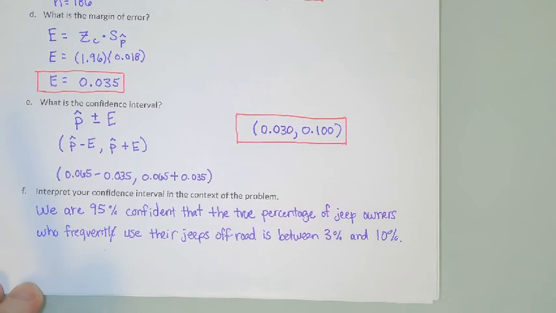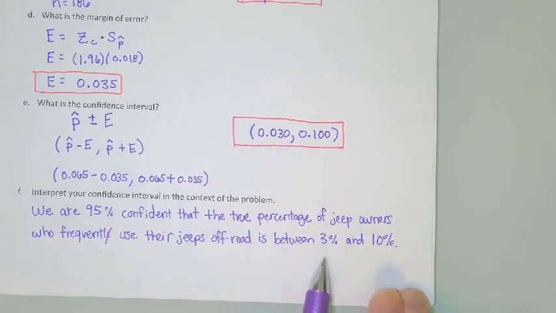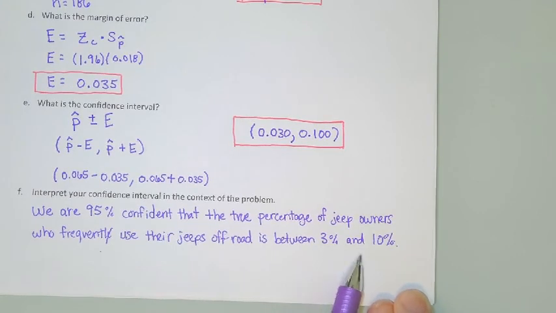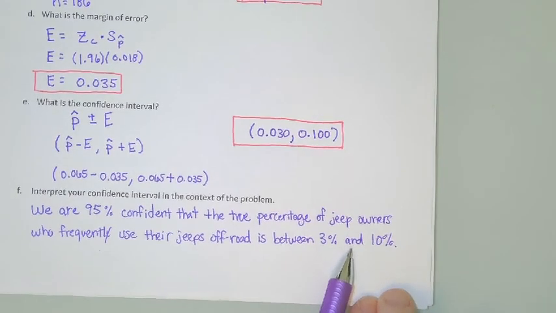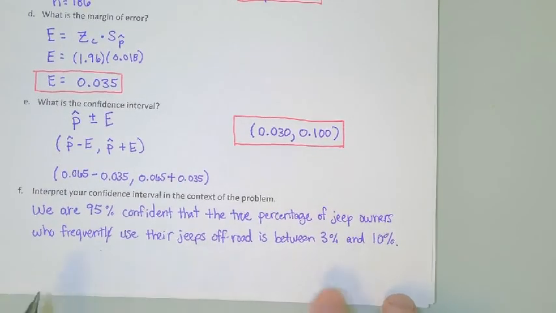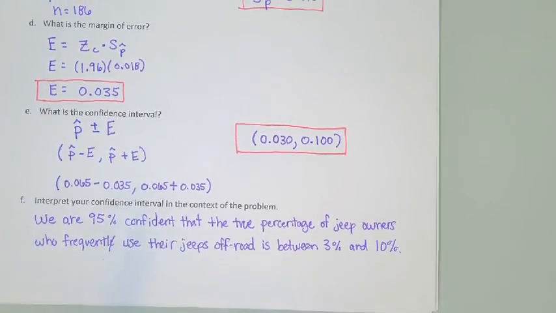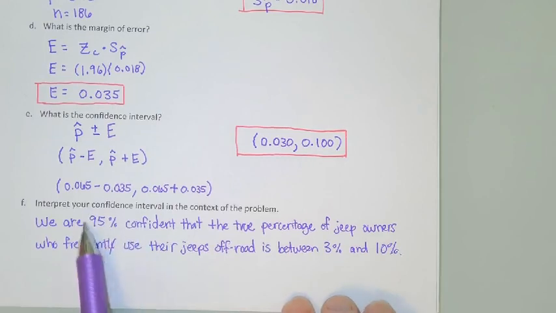So we are 95% confident that this interval between 3 and 10% contains the true population proportion. This method accurately estimates the true population proportion 95% of the time.